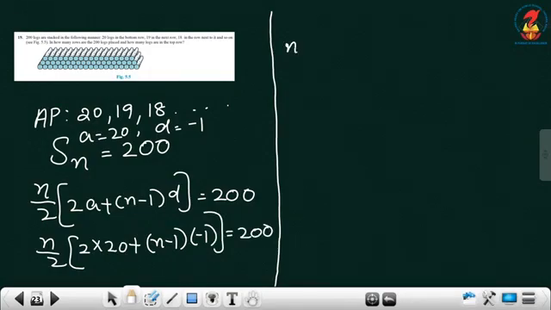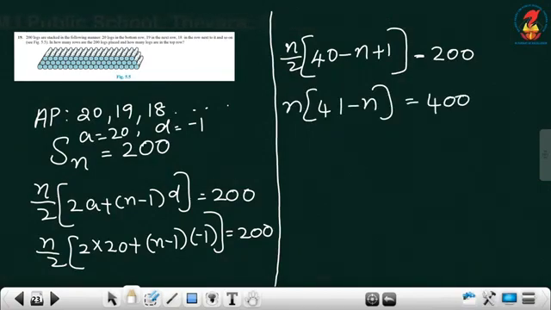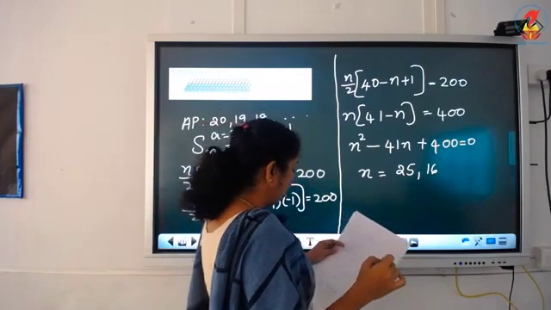So you can write this as n/2 × (40 − n + 1) = 200. So n × (41 − n) = 400. So the quadratic equation is n² − 41n + 400 = 0. And when you solve, you will get n as 25 and 16. n is equal to either 25 or 16.